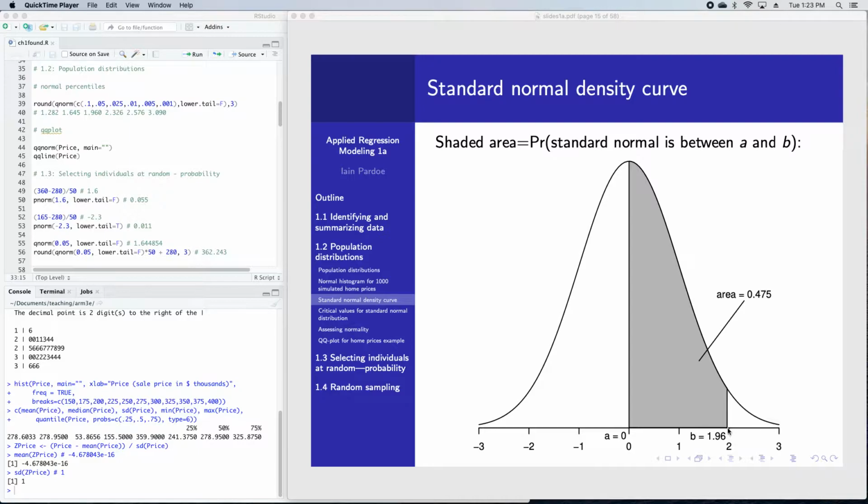So if I draw a line straight up from 2 and a line straight up from 0, and then I've shaded that area in. That area relative to the whole area, which we talked about was equal to 1, this area here that I've shaded is 0.475. So in other words, the probability of a standard normal being between 0 and 1.96 is 0.475, or 47.5%.